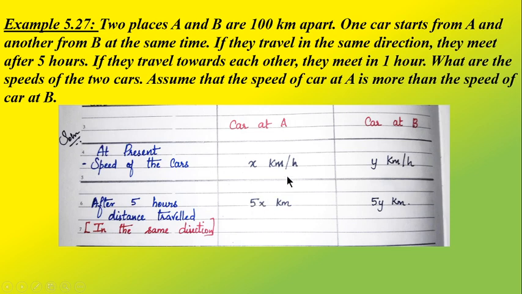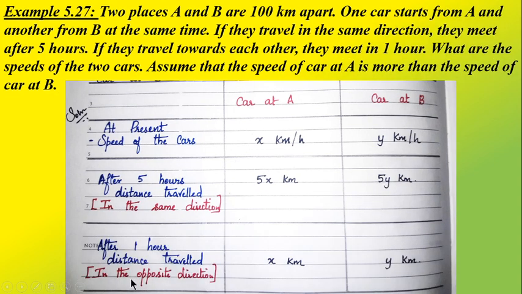Per hour it can travel x kilometer, so for 5 hours we multiply 5 into x. For the car at B, if it travels y kilometer per hour, what happens for 5 hours? Same, we multiply 5 into y, 5y.